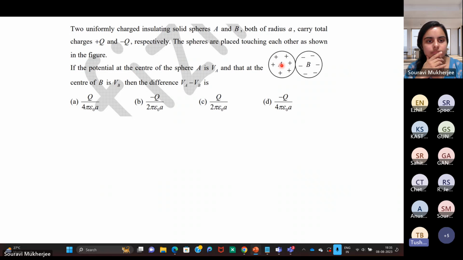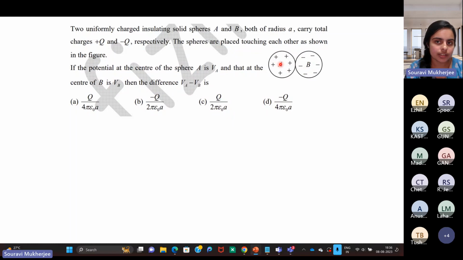It's 3q by 4 pi epsilon r. R or A? For this case, radius is A. Okay. And similarly here, what would be the potential for this sphere? Forget about the positive sphere now. It would again be 3q, same but negative, yes, minus 3q by 8 pi epsilon naught A, right?